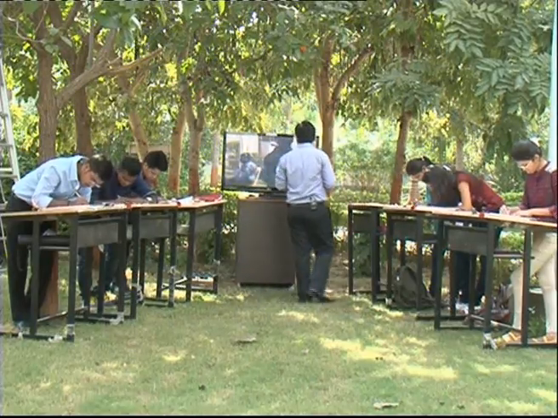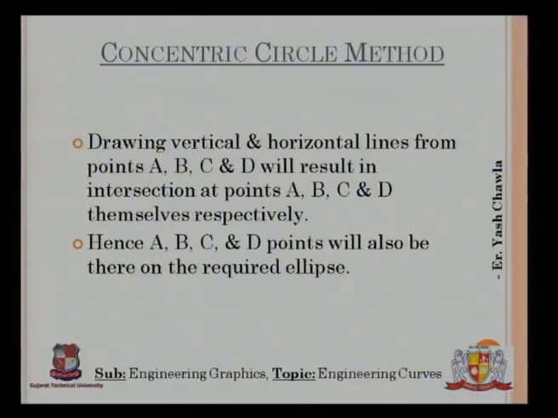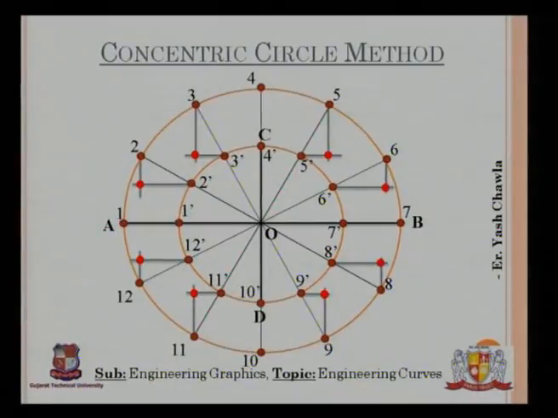For the viewers, it is being depicted on the screen, and the red dots are the intersections of the vertical and the horizontal lines. And once we have all these dots, the points C and D will also be on the ellipse, because the distance will be 0.